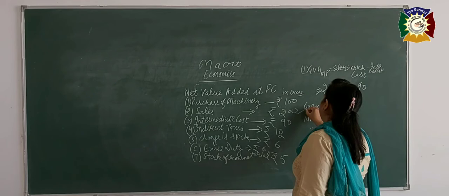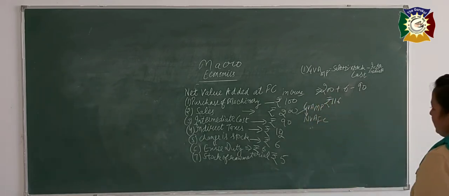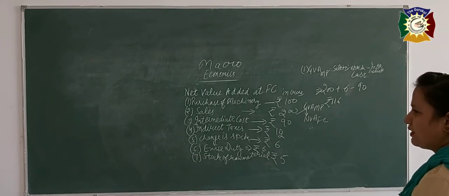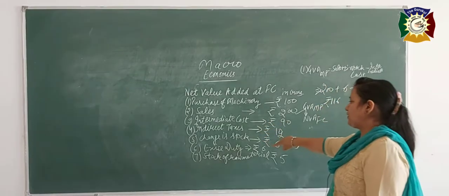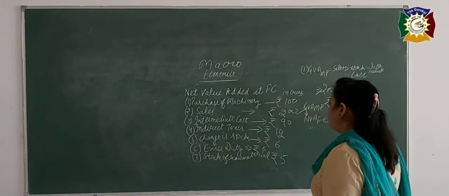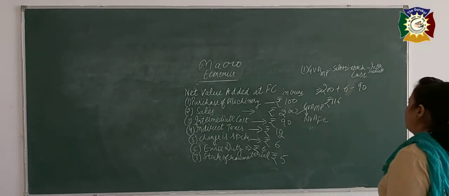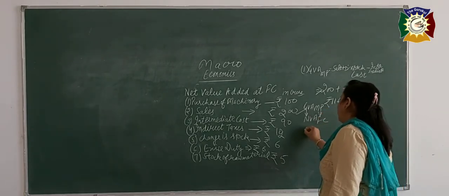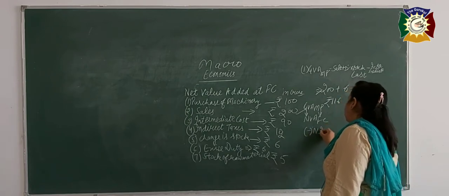Now our question is to find NVAFC. From gross to net, minus depreciation. You will see is depreciation here? You will see intermediate cost, indirect taxes, change in stock, and excise duty. Nothing is here. It means that will not be used. And MP2FC means minus net indirect taxes.